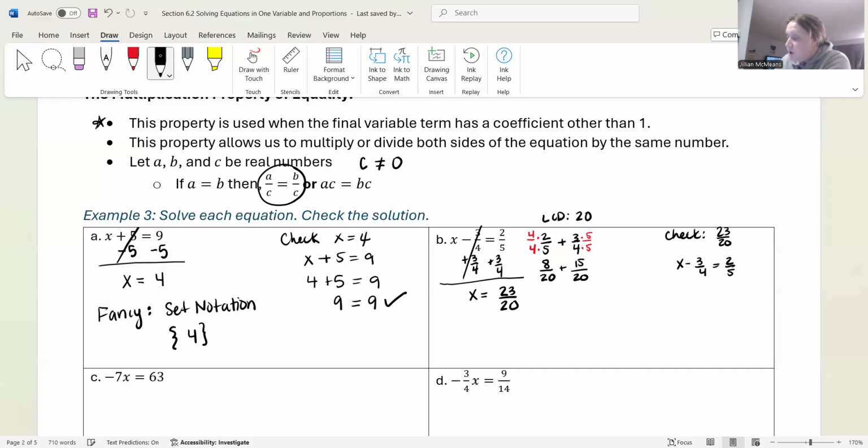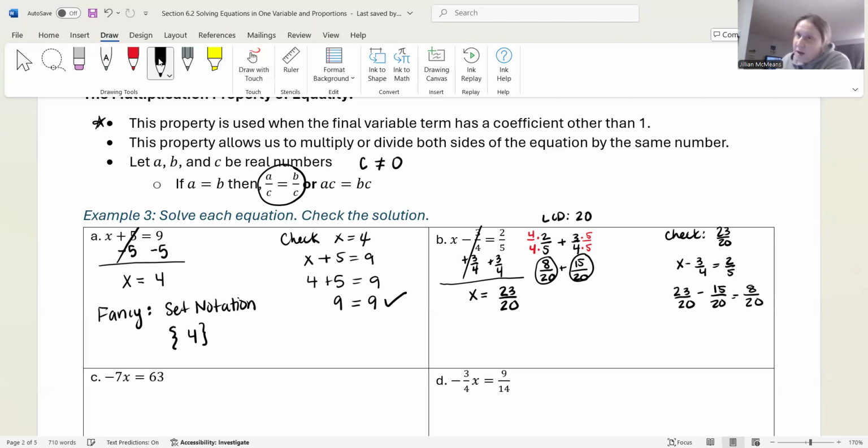All right. So when I do this, I'm going to go back to these equivalent forms of 3/4 and 2/5 so that I have a common denominator. So remember, we rewrote 3/4 as 15 twentieths, and we wrote 2/5 as 8 twentieths.